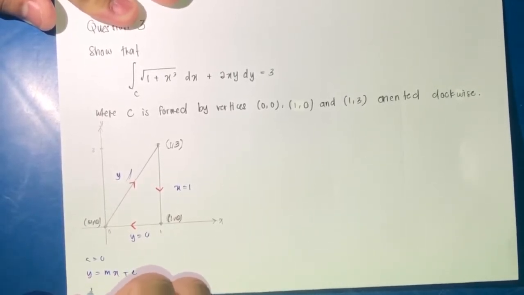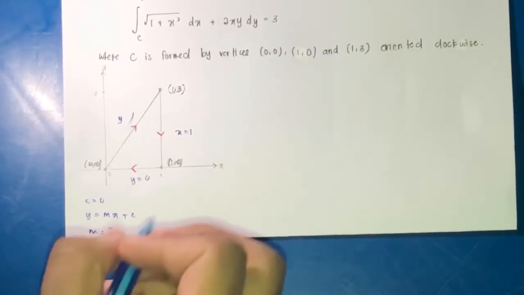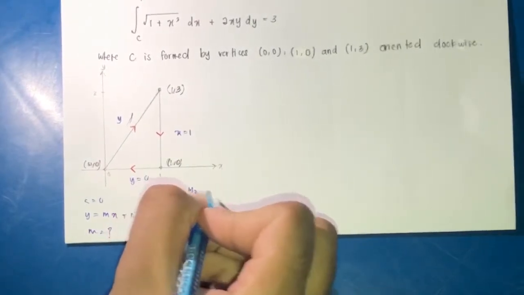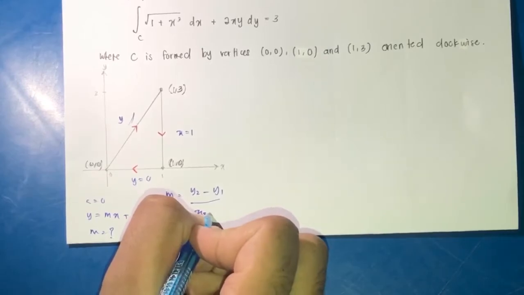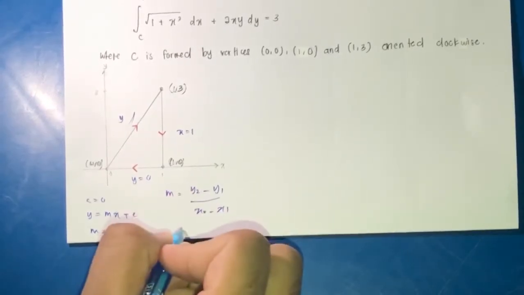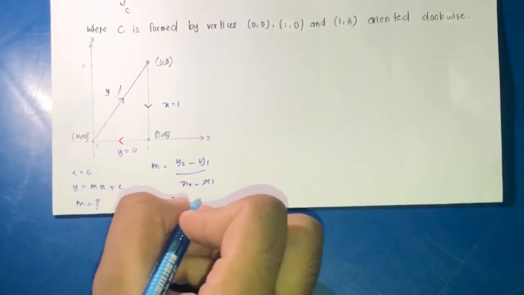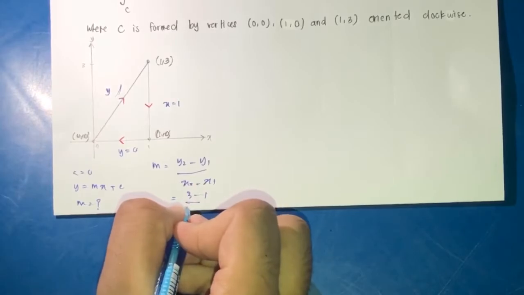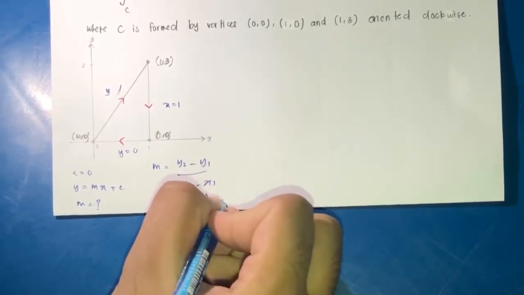And now we need to find m. To find m, we use m equals y2 minus y1 over x2 minus x1, and put in the values, which is 3 minus 0 over 1 minus 0. We get 3.